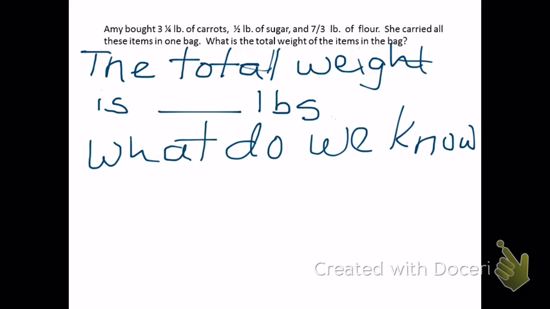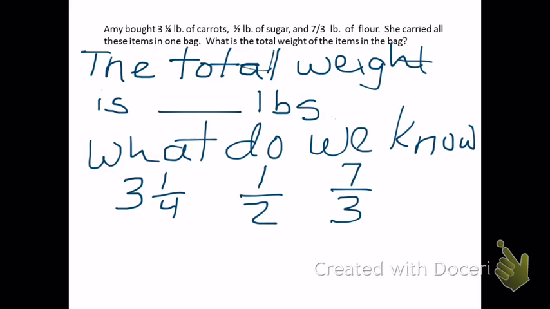We know that she bought 3 1/4. All right, what else do we know? Roger. That she got one half pound of sugar. All right, 1/2. Jasmine. She got 7/3 pounds of flour.